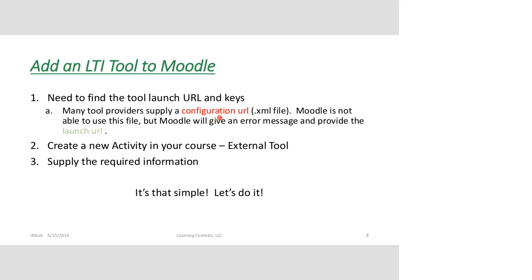For some reason, the Moodle configuration does not read that configuration URL properly. And so you need the launch URL. If you put the configuration URL into Moodle, Moodle will generate an error, and it will report back with the launch URL.